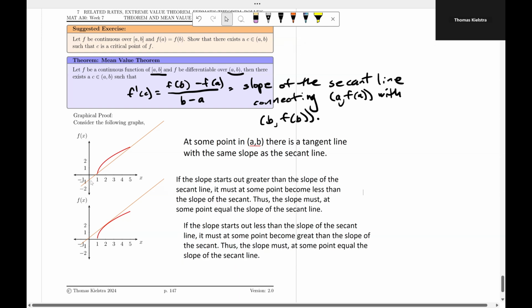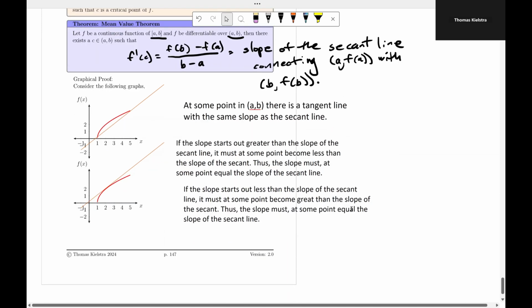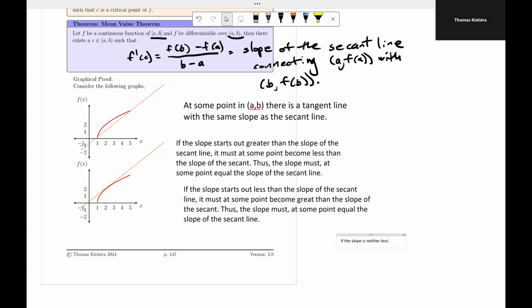So if the slope starts out more, it must become less, so it must equal at some point. If it starts out less, it must become more, so it must equal at some point. And finally, if the slope is neither less nor greater, it is always equal.